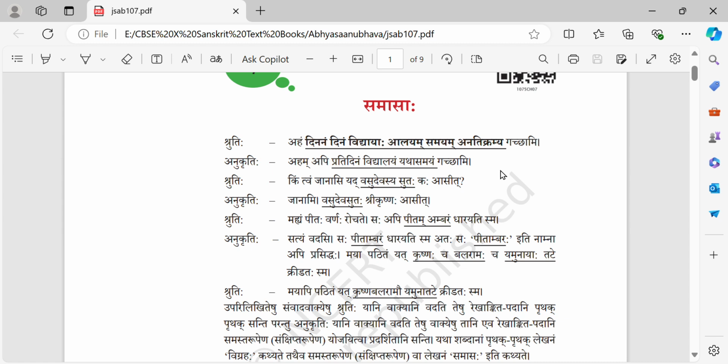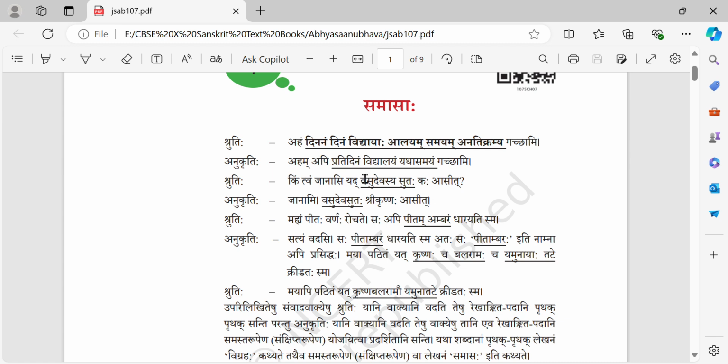So, I hope you understood the difference between Samasa and Vigrahavakya. Samasa is short, which is combined. Vigrahavakya is split into detailed meaning.